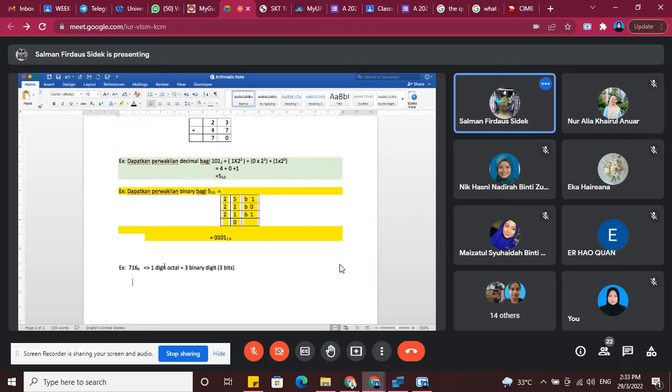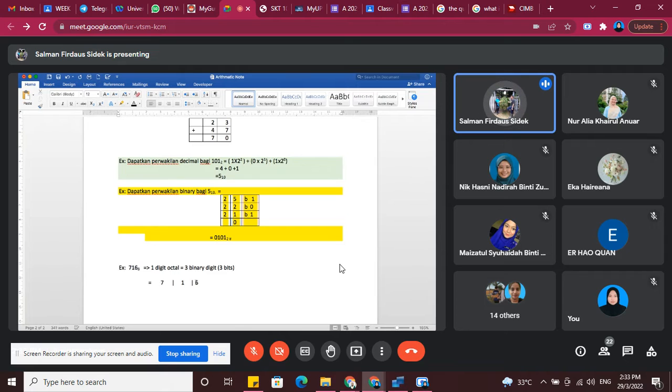Okay. So what does it mean? The step that you can do is 7, 1, and 6. So we represent all of these digits with 3 bits. Ini binary, ini octal. Okay.